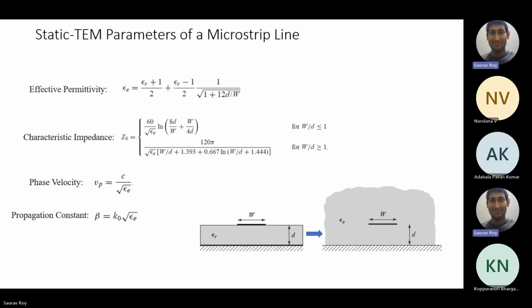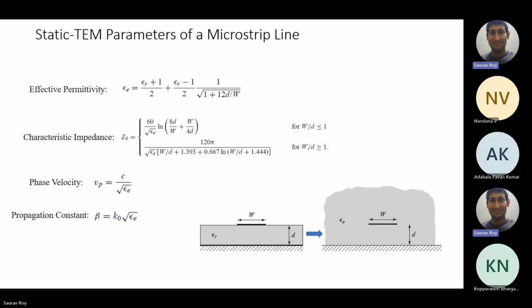If you see the microstrip line, the equivalent model is given as we have a substrate with epsilon R, but equivalently we take it as if it has another substrate, and the strip is inside that substrate. What is this substrate called? It has a permittivity of epsilon E, the effective permittivity.